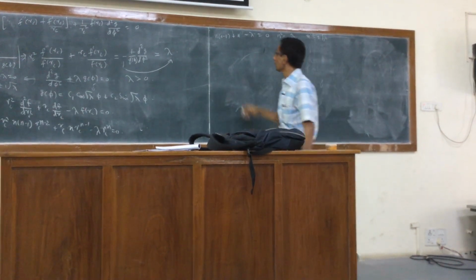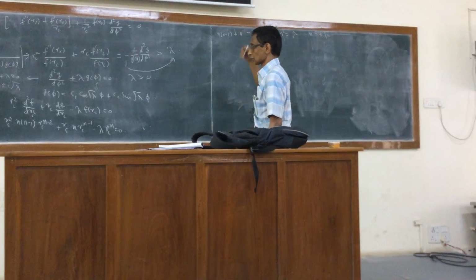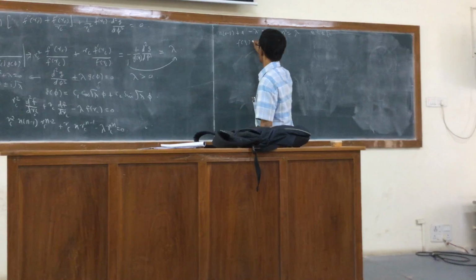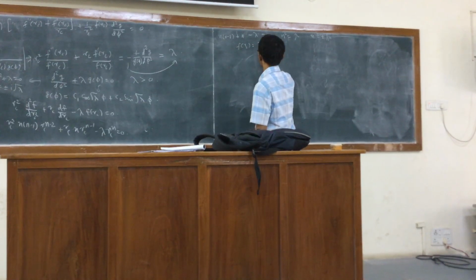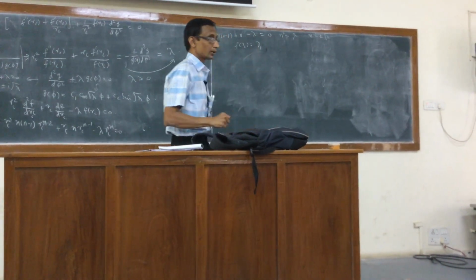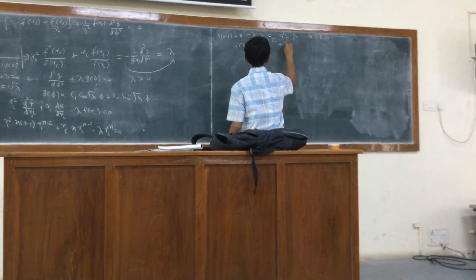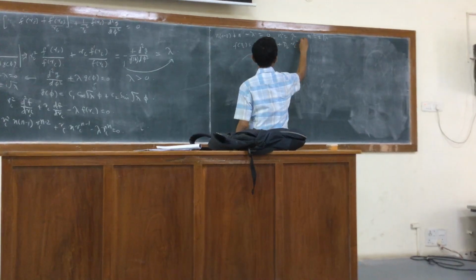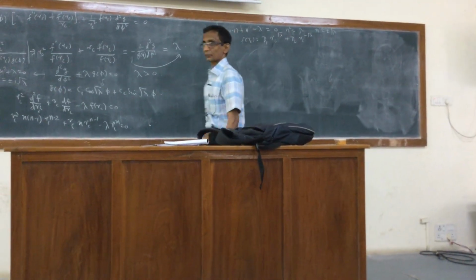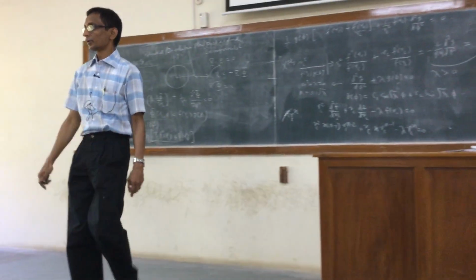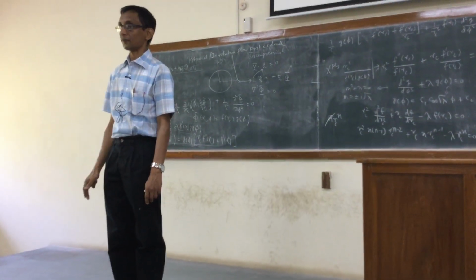So the solution of F of Rc would be some d1 Rc raised to root lambda plus d2 Rc raised to minus root lambda. Right, so that's what I would have.